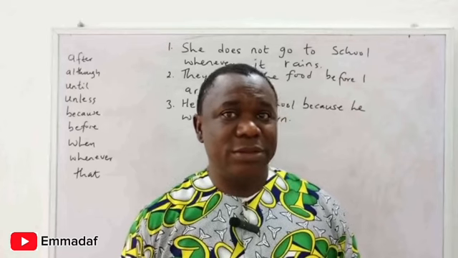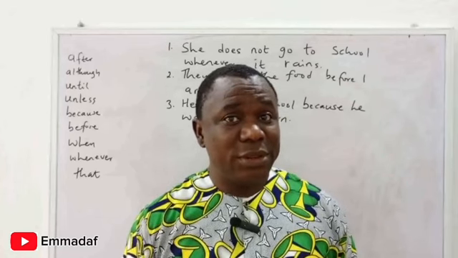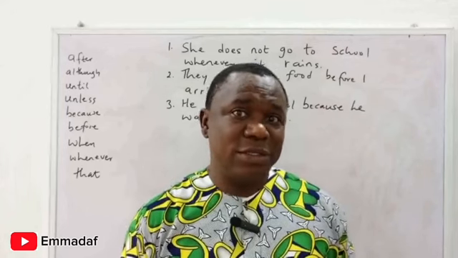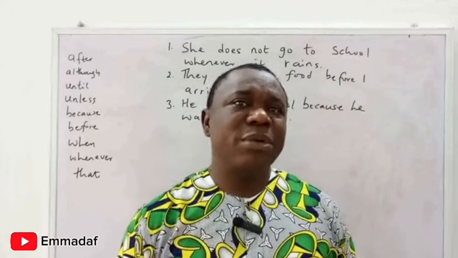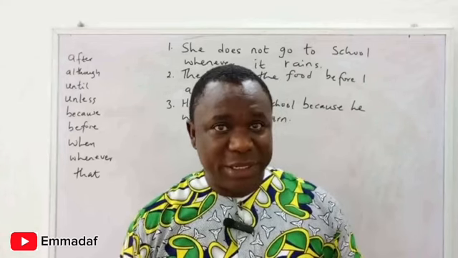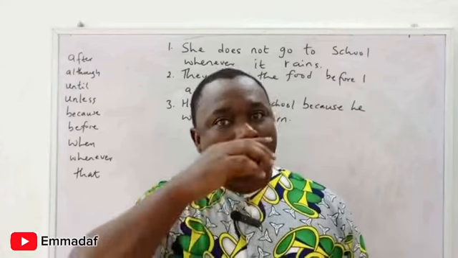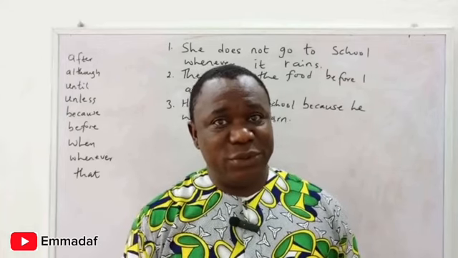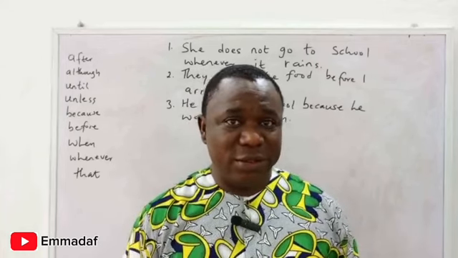The main clause is also called the principal clause or the independent clause. And the subordinate clause is also called the dependent clause. The subordinate clauses are further divided into adjectival clause, adverbial clause, and noun clause.